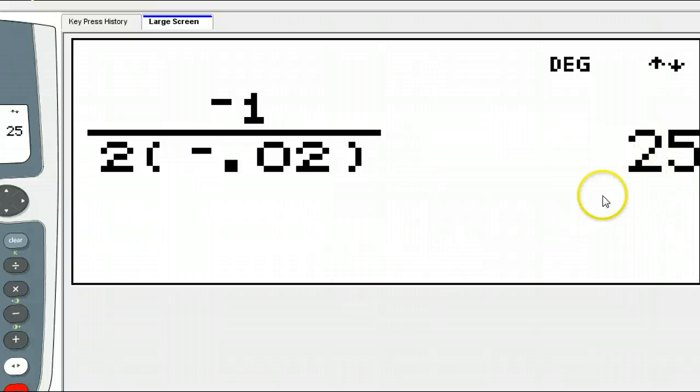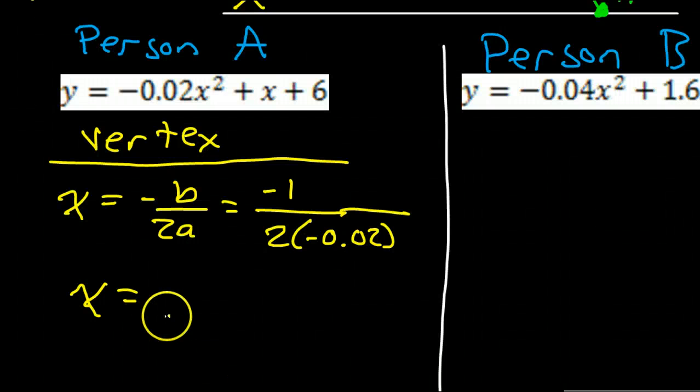Okay, that's 25. Okay, so that's the x-coordinate of the vertex.